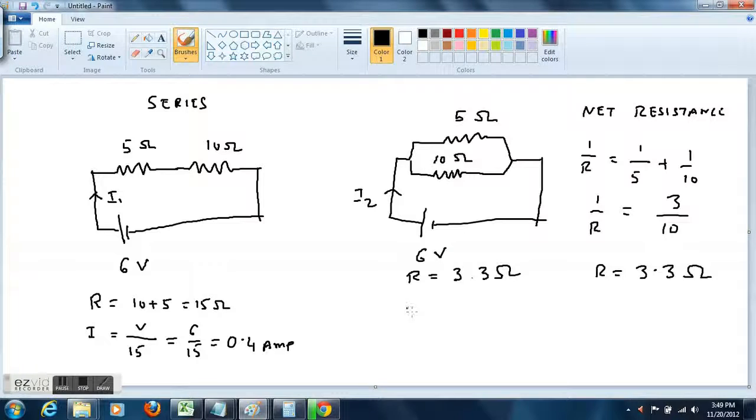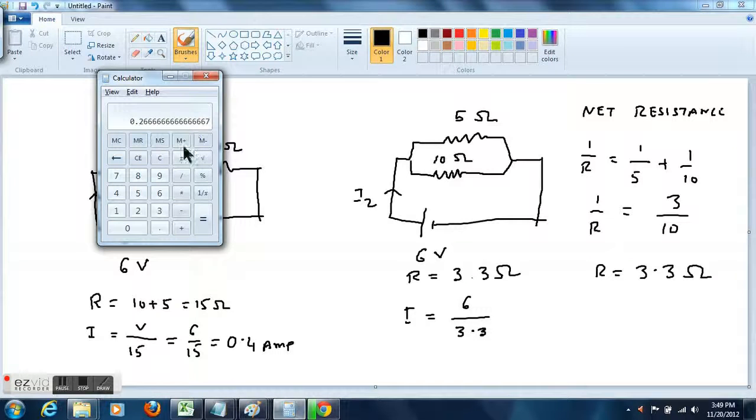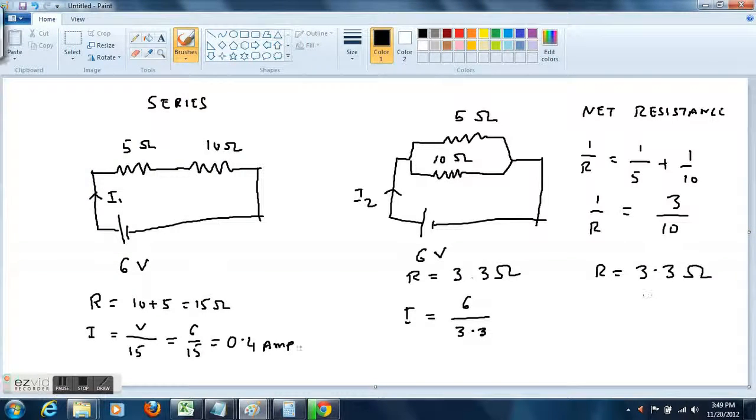Potential difference is the same, V is the same. Therefore current flow is 6 upon 6 by 3.3, which is coming close to 1 point something. Let us see how much it comes, which is coming to 1.8 ampere.